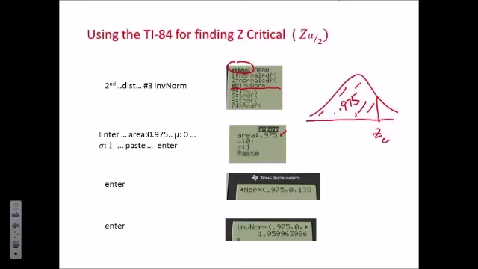The default settings are 0 and 1 for a Z-curve. The mean of a Z-curve is 0, and the standard deviation is 1. And then you go to paste, and when you hit enter, you'll get this line, and hit enter again, and you'll get a much more accurate value of Z critical, but if you round it off, it comes out to be the same as the others. We got 1.96.